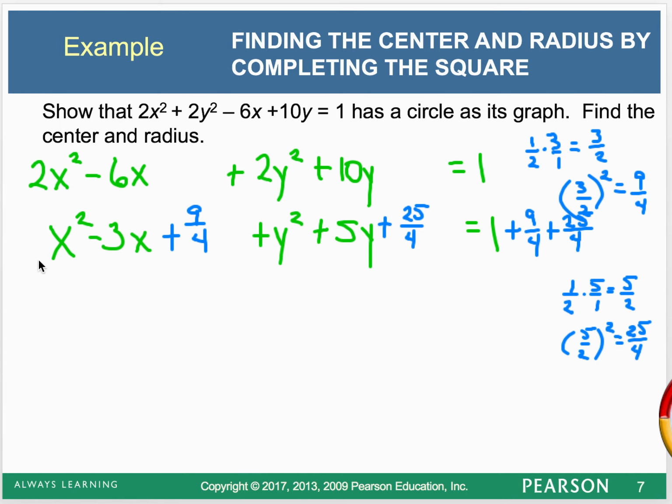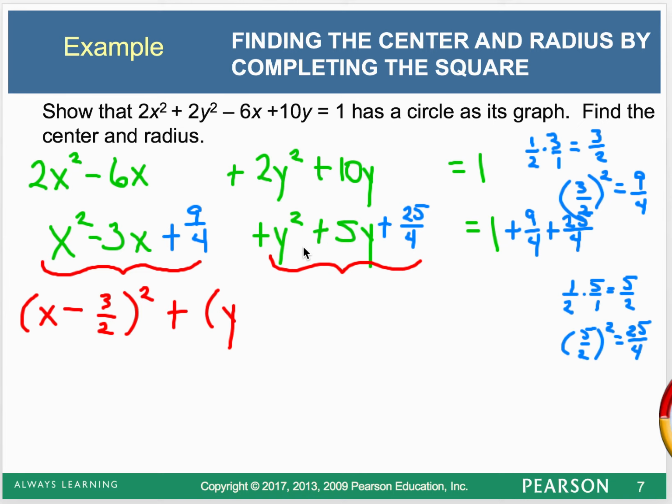Now the reason I did that is because I know how this factors now as a perfect square trinomial. It's going to be x, use this sign, and this first number we came up with, 3 halves, all squared, plus y, use this sign, and the first number we came up with, 5 halves, all squared, equals, now I need to know what this is, so let's go back and change this 1.